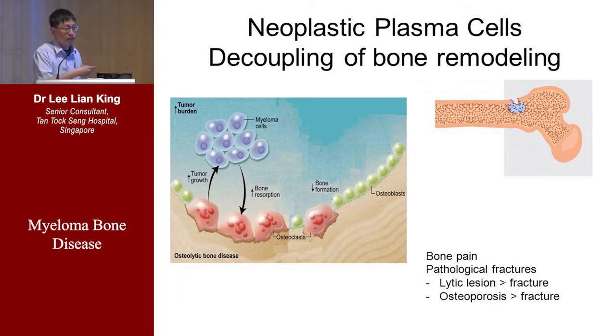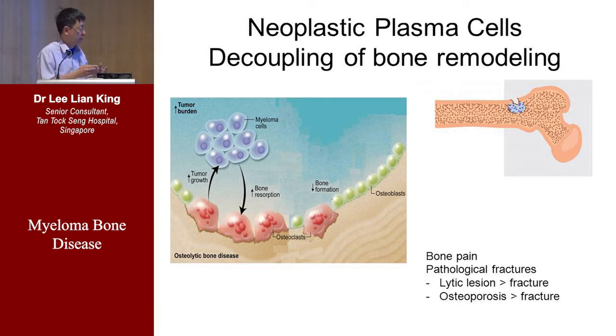Multiple means many areas. In this small environment, the abnormal myeloma cells interact with the osteoclast, which is the cell that breaks down and dissolves the bone. So there's an interaction between each other.